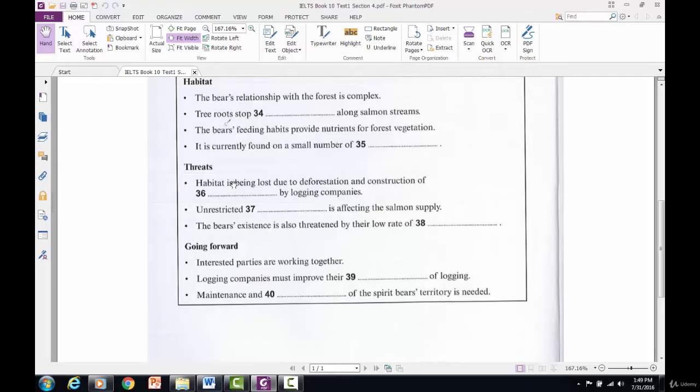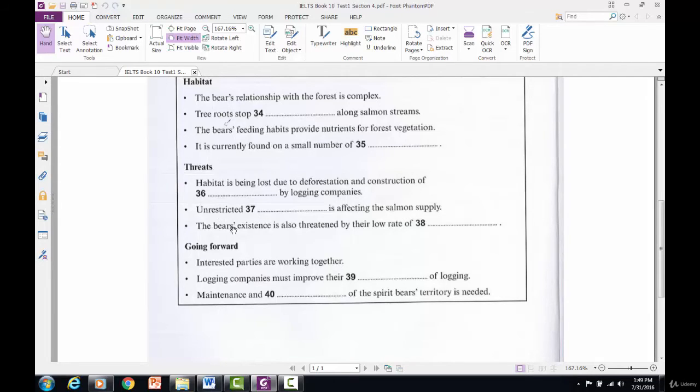Construction of, so whatever this answer is, it will connect to the word construction, which is what you should circle, and it will connect to logging companies. Right? So whatever this answer is, 37 is connected to the word unrestricted. Remember, they're going to use synonym language. Right? Unrestricted, no restriction, affecting the salmon supply.